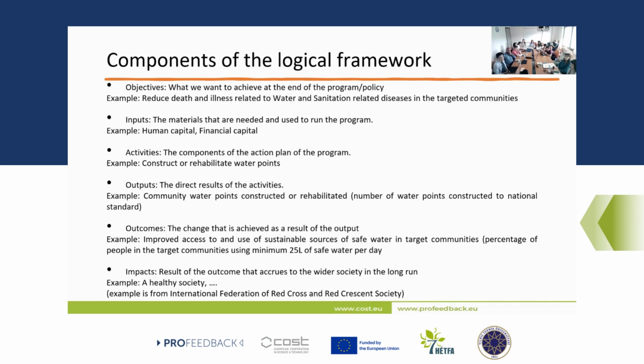That is the outcome: people having access to and use of sustainable sources of safe water. Impact is what is at the end of the program: a healthy society, less illness due to water-borne diseases. Is this clear? This is very important for understanding the differences between outcomes, outputs, and impact.